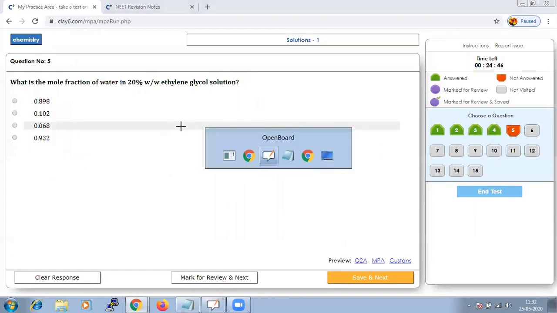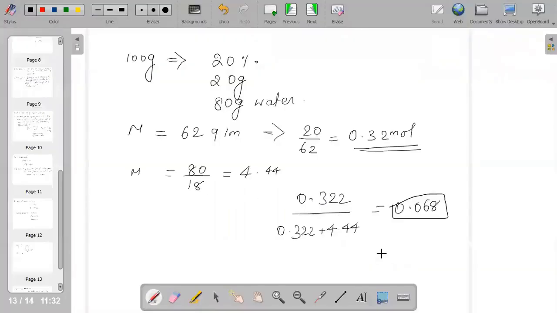So you can repeat the same process and then subtract 1 minus 0.068, or the other alternative is 4.44 divided by 0.322 plus 4.44, since they have asked the mole fraction of water, that is the number of moles of the component by the total number of moles.